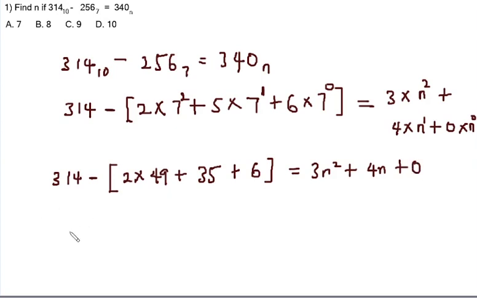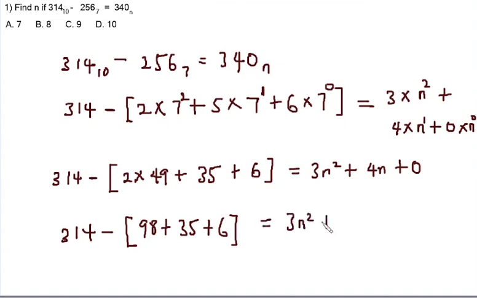So let's simplify this further. I'm getting 314 minus open bracket, 2 times 49 is 98, plus 35 plus 6, and this is equal to 3n squared plus 4n.